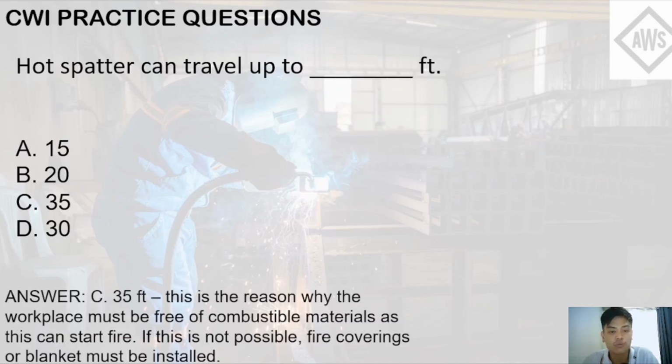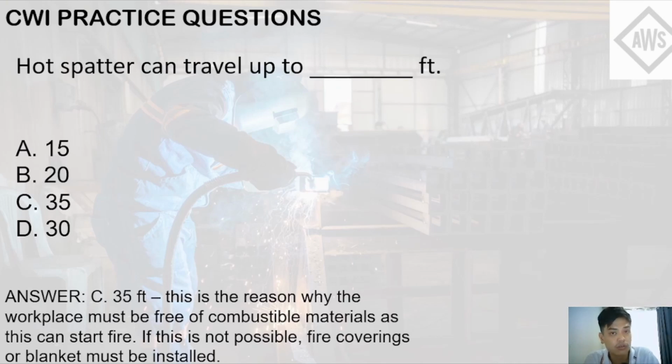So this is the reason why the workplace must be free of combustible materials, as this hot spatter is still very flammable and combustible, and it can kickstart a fire if it is in contact with combustible materials like wood, paper, etc. So if this is not possible, you have to provide fire blankets, fireproof coverings for the possible combustible materials that can be ignited by hot spatter.